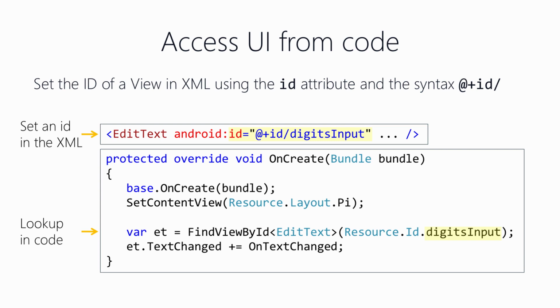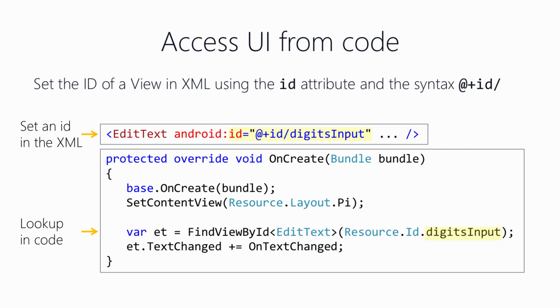The activity has a FindViewById method that takes an integer ID and it searches the activity's UI for a view with that ID value. You pass it one of the resource ID fields and it returns a reference to that view. Once you have a reference, then you can work with the view.